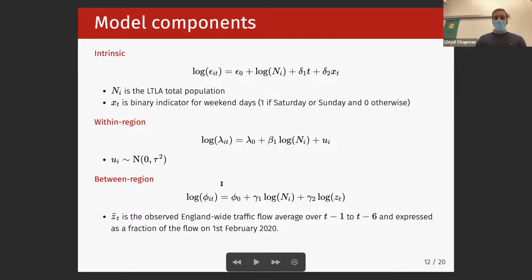And then for the between part of the model, we use as offset both the population and our data on the traffic flow. If we put this as an offset, then it will modulate and scale down the weight matrix in a proper way.